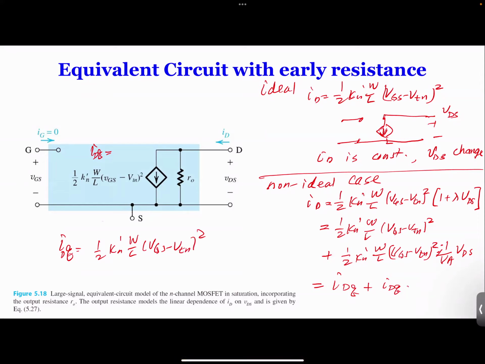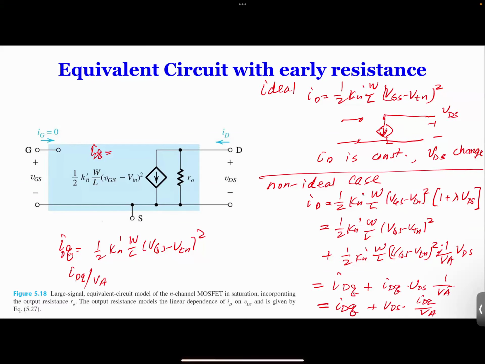So IDQ times VDS, divided by VA. We can possibly write this as a function of VDS times IDQ over VA.